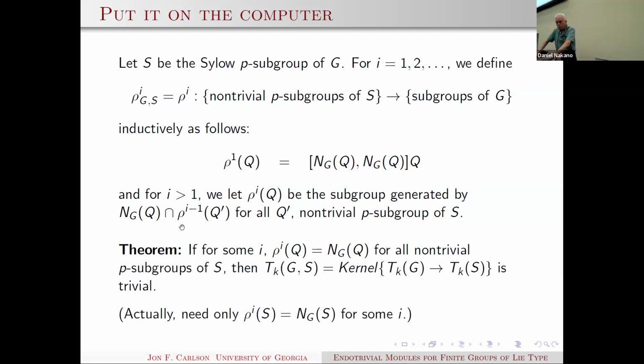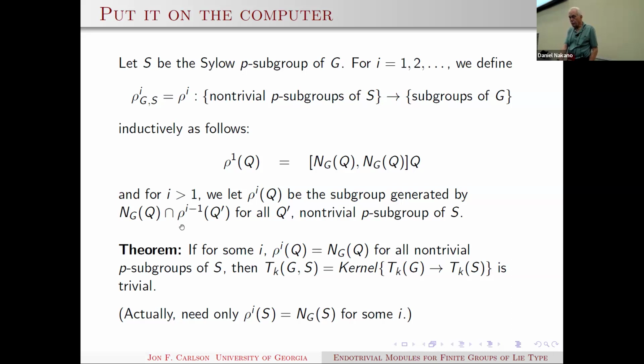And so you get a theorem. And that is, if for some i, rho i of Q is the normalizer in G of Q, then for all non-trivial P subgroups, and actually you only have to get this for the Sylow subgroup, what you get is that this T sub K, this group of Sylow-trivial endotrivial modules, is in fact trivial itself, has only the trivial module as its only element.